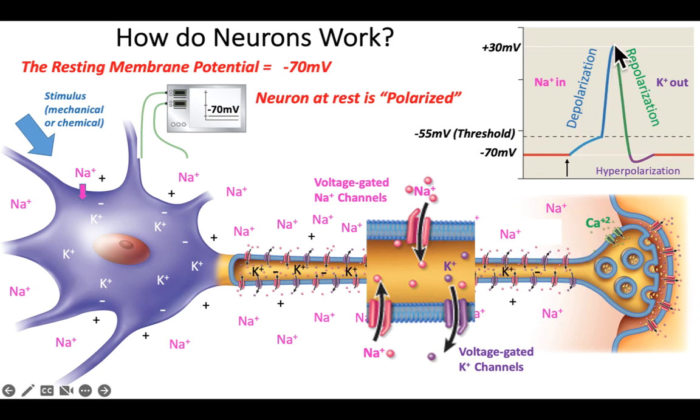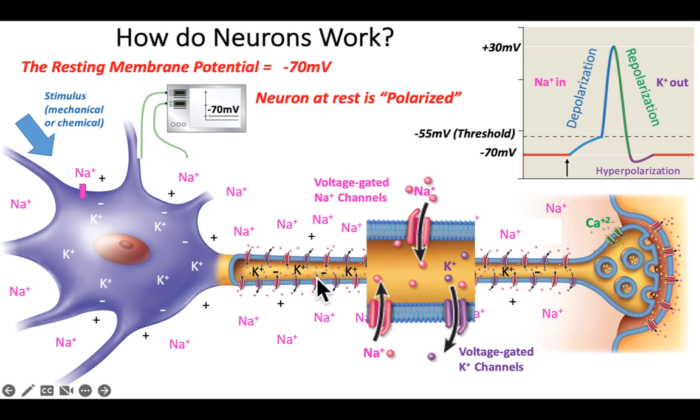Now, when the voltage gets to +30, that's the voltage that opens up a different type of voltage gated channel. That opens the potassium voltage gated channels. And what direction is potassium going to go? It's going to go out of the neuron because you have a lot of it on the inside and little of it on the outside.